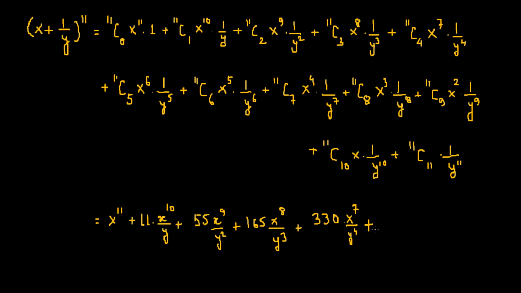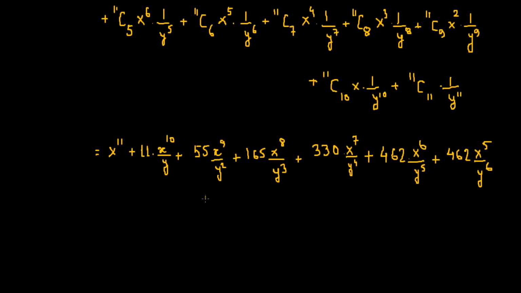So 11c5 is 462 x raised to the power of 6 over y raised to the power of 5 plus 11c6. This is also 462 x raised to the power of 5 over y raised to the power of 6. Then we need to find 11c7.